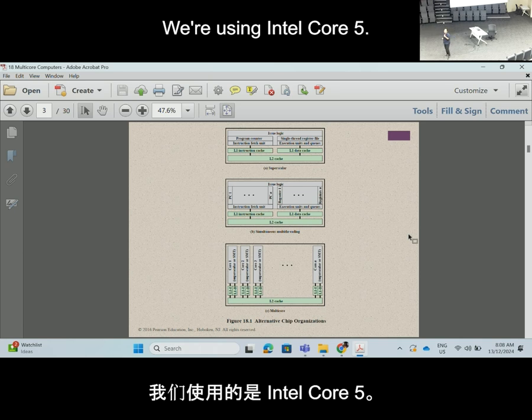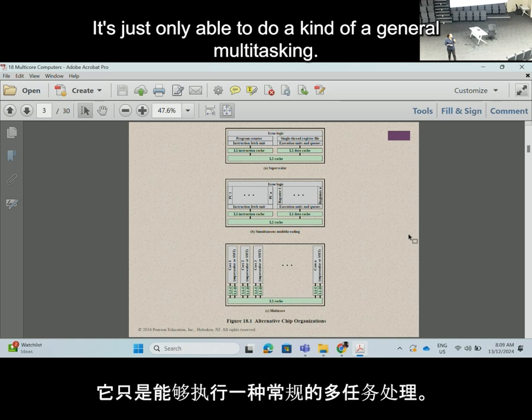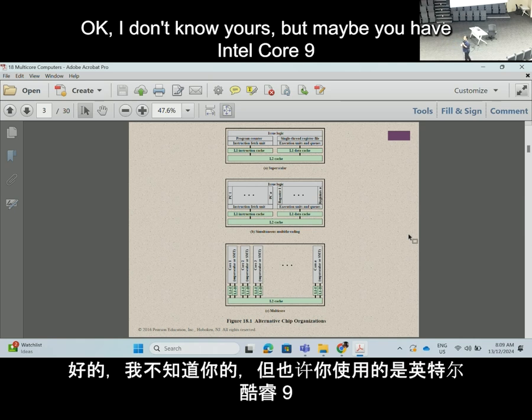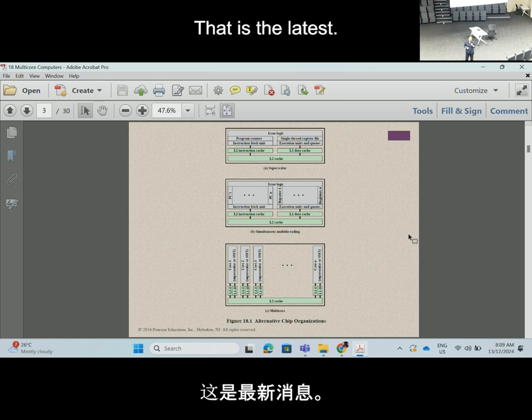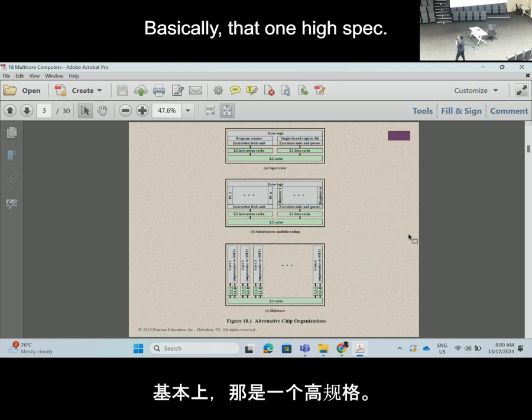It is only able to do general multitasking. I don't know about yours, but maybe you have an Intel Core 9. That's the latest. AMD Ryzen is also the latest. Basically those are high spec.